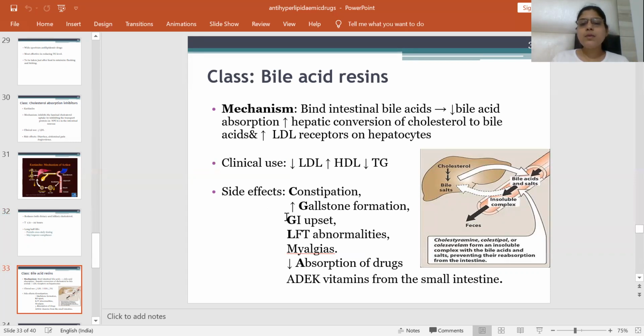Side effects are constipation, increased gallstone formation, and GI upset; liver function test abnormalities can be there, myalgias can be there, and reduced absorption of drugs and fat soluble vitamins from the intestine. Cholestyramine and colesevelam form an insoluble complex with bile acids and salts, preventing the reabsorption from the intestine.